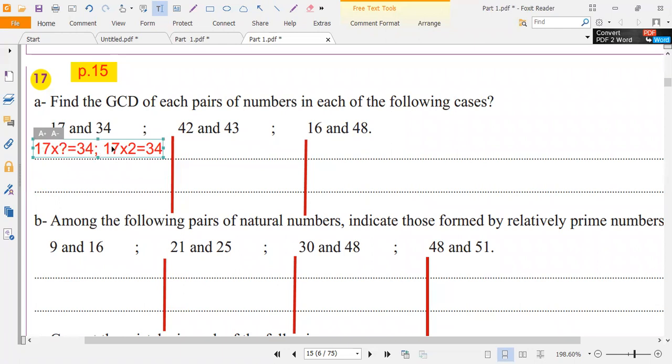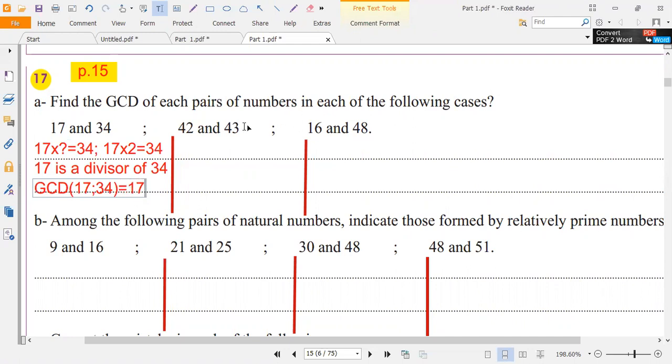Look, 17 is here. So the GCD between them is what? The GCD of 17 and 34 is the divisor, which is 17.